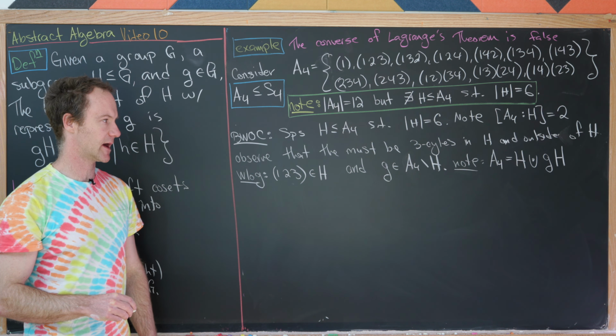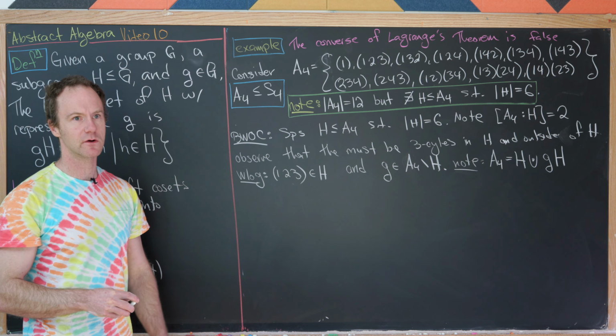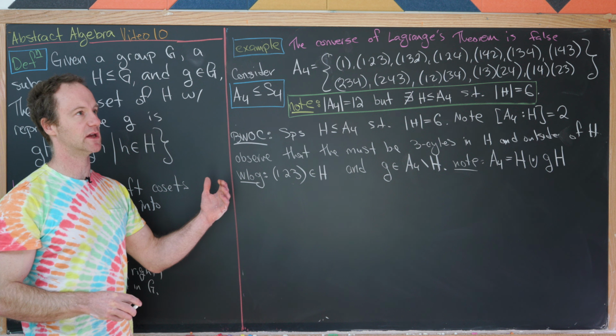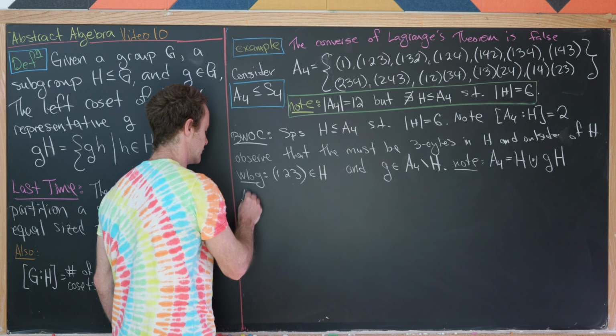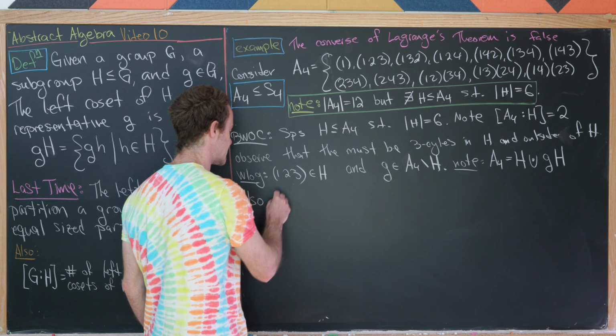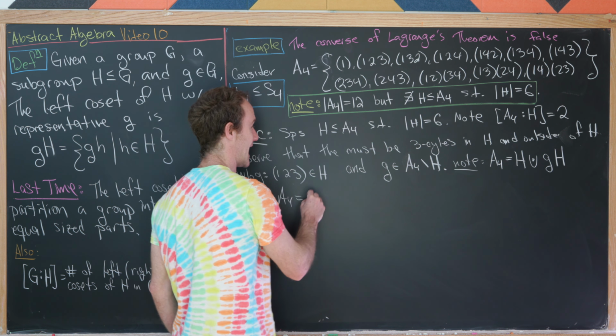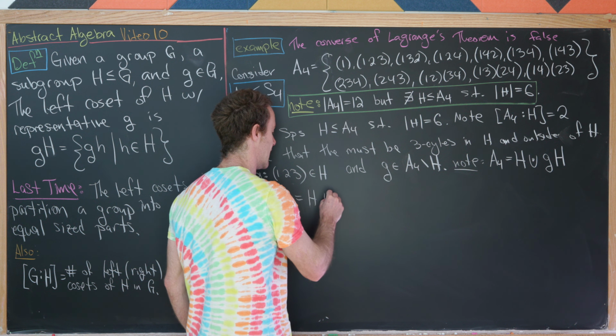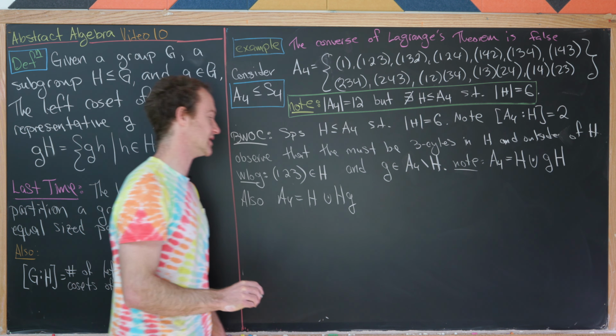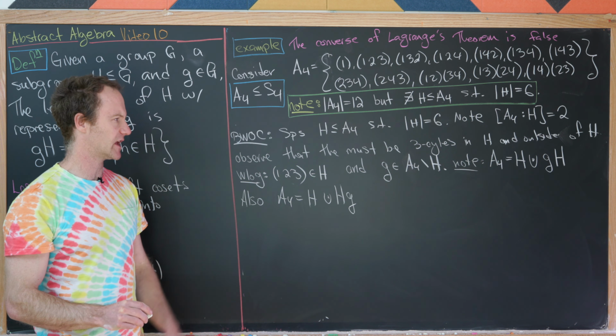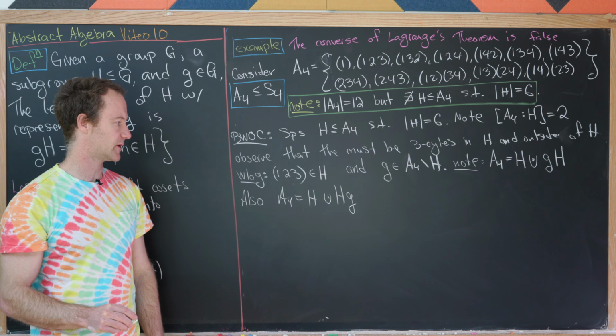But then also, left cosets don't only partition a group, right cosets also partition a group. So that means that we also have A4 can be written as the disjoint union of H with the coset Hg. Okay, so left and right cosets partition a group.